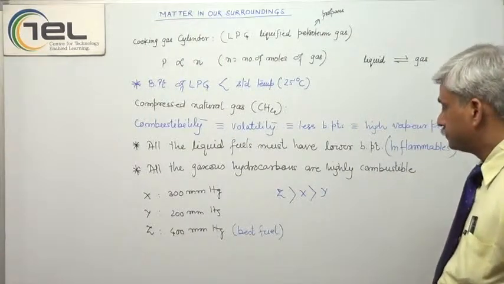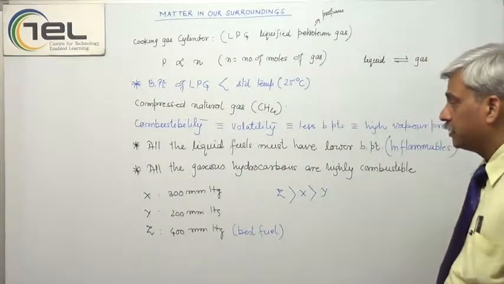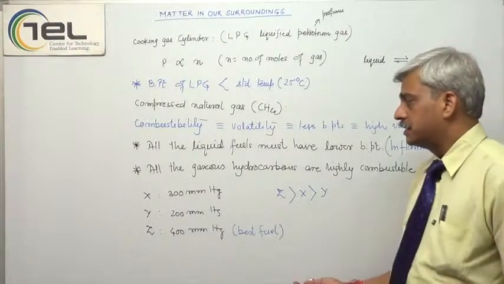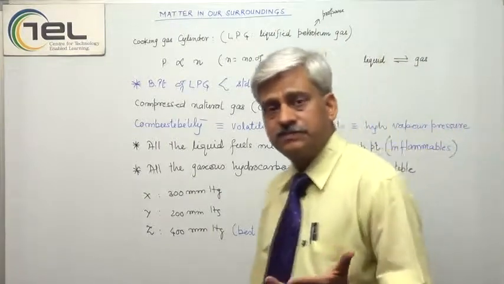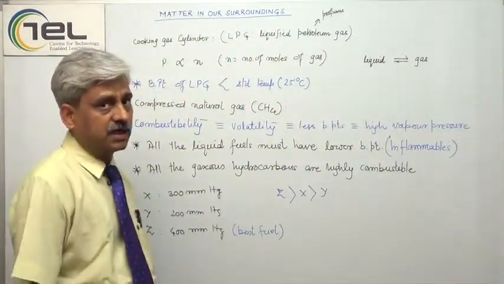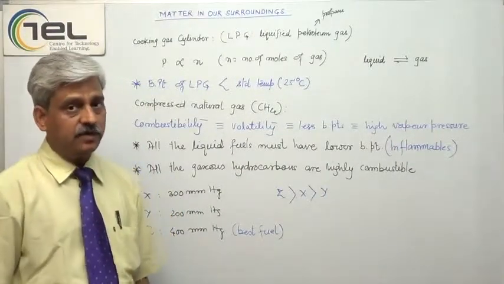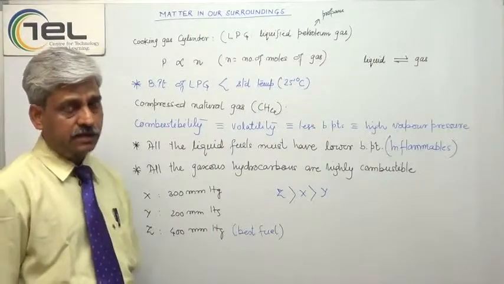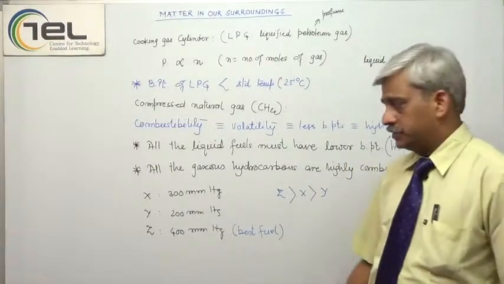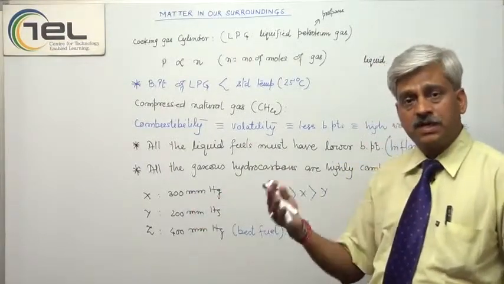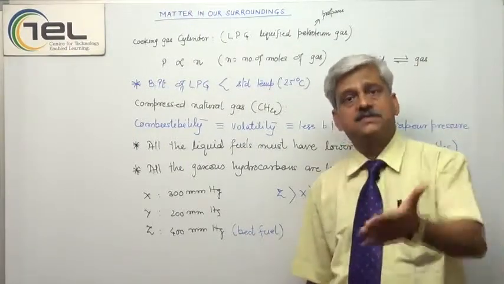Now how to select a better fuel? There can also be a question which one is a better fuel, which one will have greater fuel efficiency. The fuel which is better will always have better fuel efficiency: out of less mass it creates a greater amount of energy, which we call fuel value. Let's say we take 1 gram of X, 1 gram of Y and 1 gram of Z. If 1 gram of X gives maximum energy, then the fuel value of X is greater.